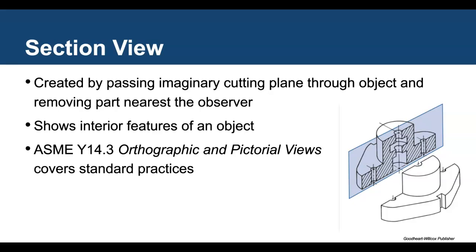Grooves are a big aspect of it, hole patterns, the way things look on the inside, and what we might want to get more detail on if we were really able to physically break the actual object apart. Again, this is part of the ASME Y14.3, and that's the standard that covers the standard practices on these views.